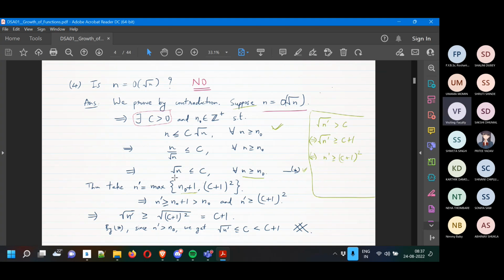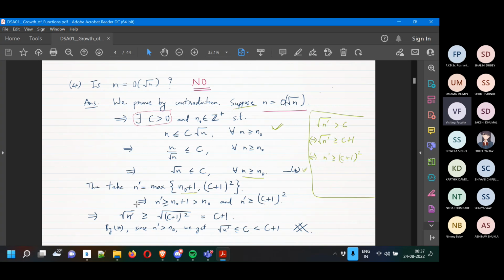Here itself, it is clear what it should be. So you can stop writing the proof here and say this is a contradiction. But if you want to give more details, you just point out from what n onwards this inequality is not true. You can take n naught plus 1 or you can take c plus 1 whole squared.